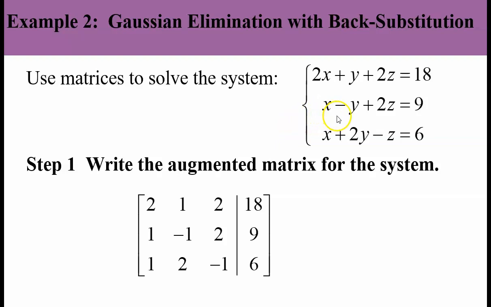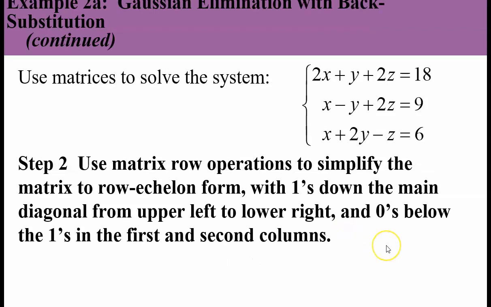Yep, a 1, negative 1, 2, 9. 1, 2, negative 1, 6. Yes, this is good. Now, you might say, again, studying it, we want to exchange row 1 with row 2 because there's a 1 there. So let's see this.